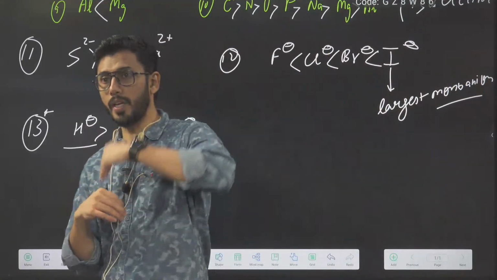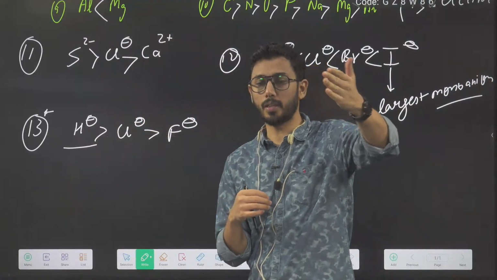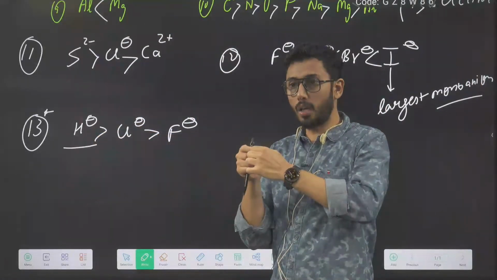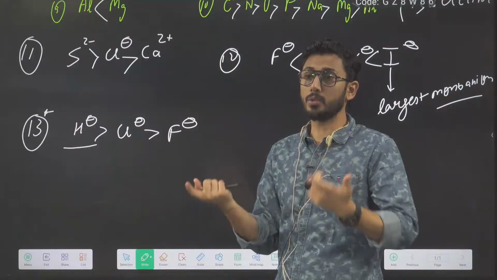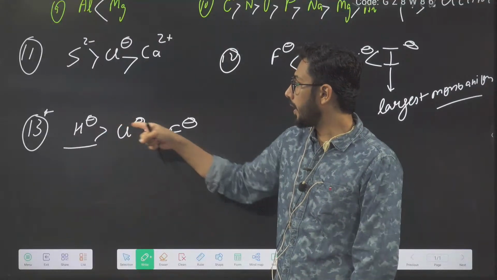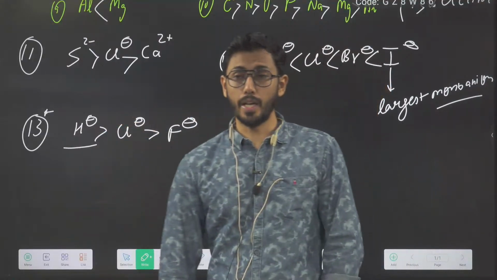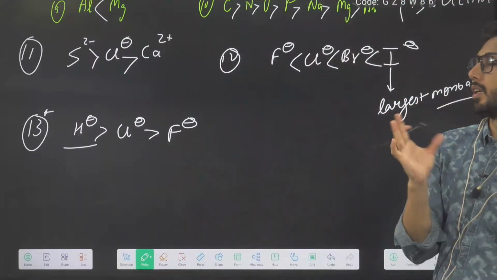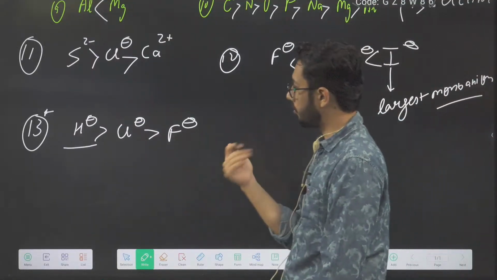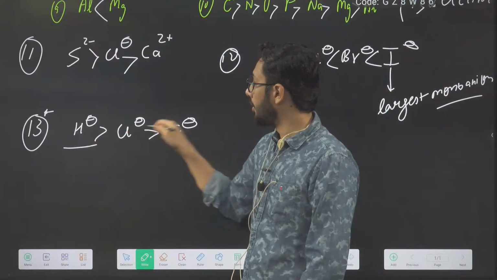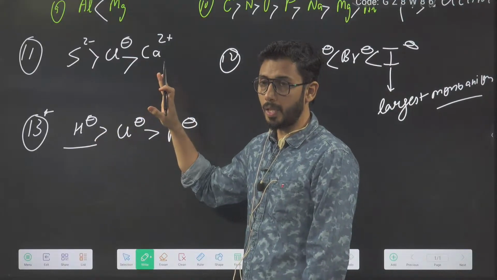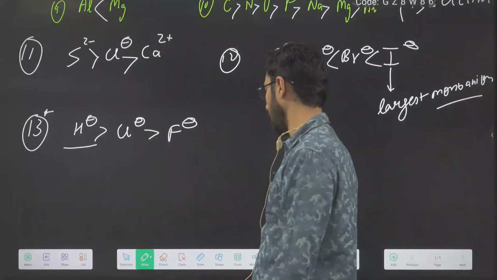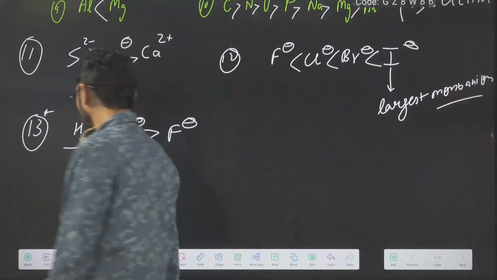That sudden twice the value of normal electron makes the electron cloud go much farther. But that is only by values we know. H minus is even more than Cl minus, F minus, or even Br minus, but comparable values are also given. So the general trend: H minus more than these two, or even Br minus, but less than I minus.